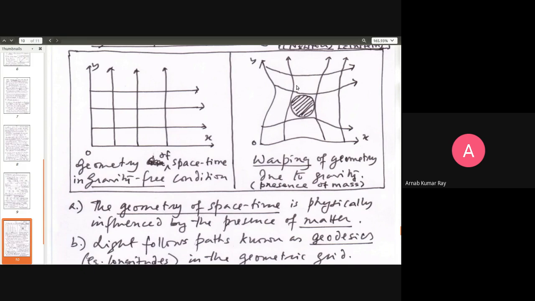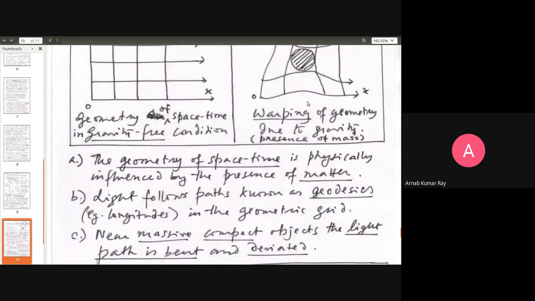Just like what can happen in a two-dimensional grid, the same thing can happen in a three-dimensional space, and the same thing can happen in four-dimensional space as well. That is the important thing. Although I've drawn a very simple diagram, just 2D, right? So now, let's see. The geometry of space-time is physically influenced by the presence of matter.